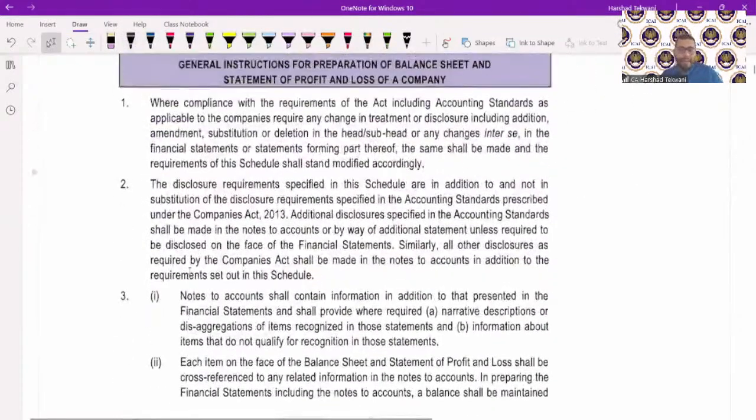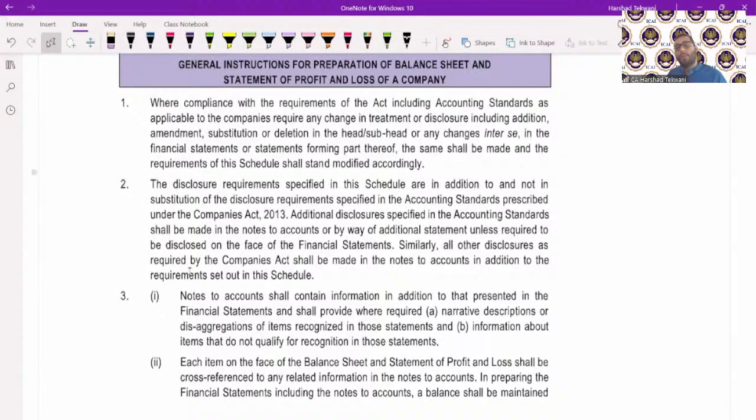Before going to Schedule 3, I'll just show you how it is structured. In each of the divisions, first you will have general comments. General comments talk about how you need to interpret this particular division or schedule, what the key features of this division are, and what the key areas are, or how to use some specific areas in this schedule.